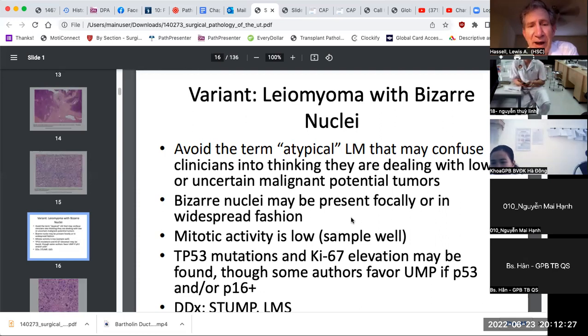Now, sometimes we can actually have TP53 mutations in Ki67 increased. And in those circumstances, some people will call this a smooth muscle tumor of uncertain malignant potential.